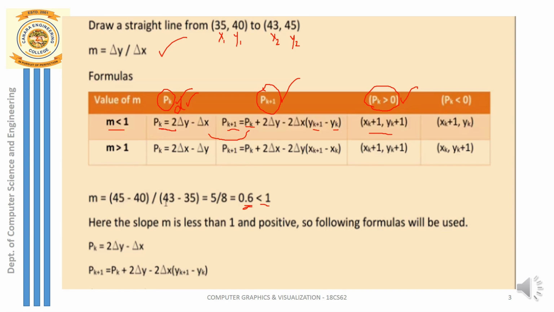If the decision parameter value pk is greater than 0, that means it is positive, 0.1 onwards, 0.1, 0.2, 0.3, and it goes on, then you are supposed to plot the coordinates like this. You should increment both the x coordinate and y coordinate.